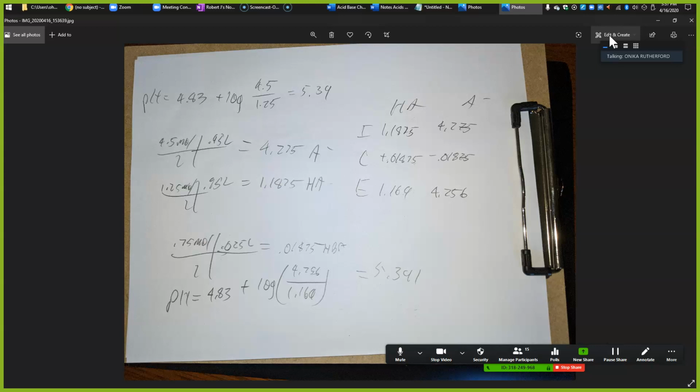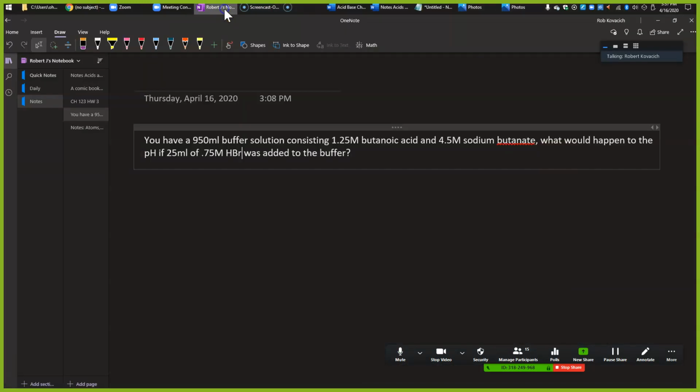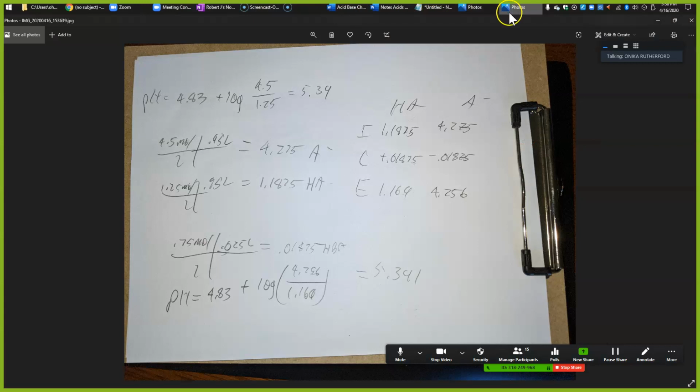So wait, for HBr, it was 0.75 moles per liter, right? Times 0.95. No. You didn't add 950 milliliters of it. You only added 25 milliliters of it. Yeah, I got in a rut. Okay, so it would be 0.975, right?